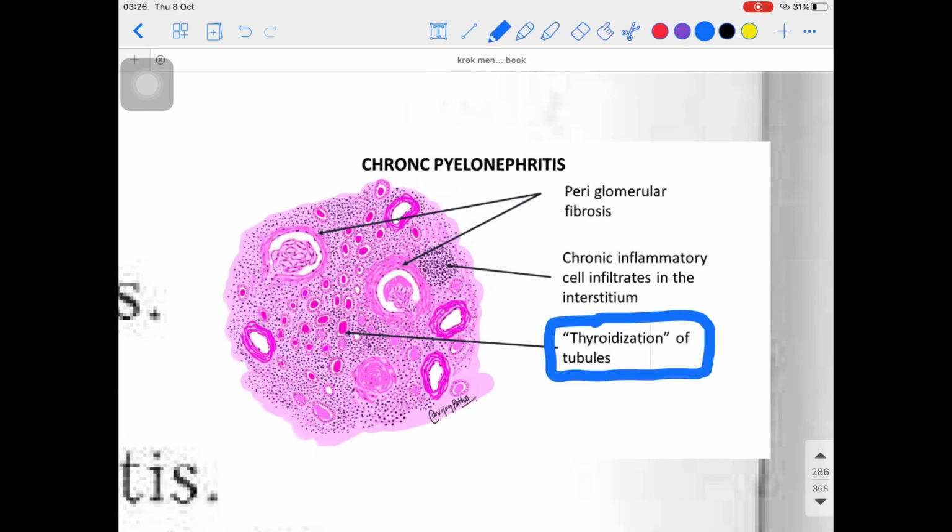Here I'm telling you that the tubules have the change called thyroidization of the tubules. What does that mean? In the tubules, some areas are showing atrophy, some areas are showing hypertrophy or dilation. That's why we call that a thyroid tubule.